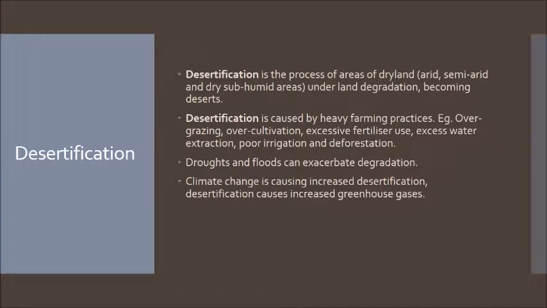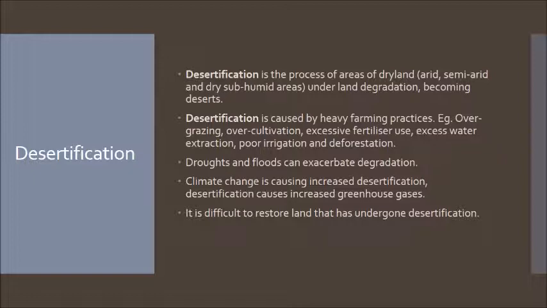So climate change is causing increased desertification as well, because of increased greenhouse gases. As temperatures rise, there's less rainfall in some areas and stronger floods as well, which all begin to cause desertification. And it's not impossible, but it's very difficult to restore land that has undergone desertification.